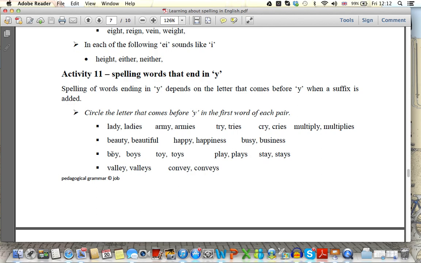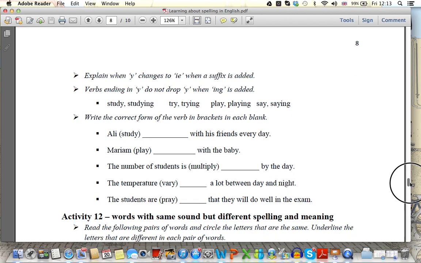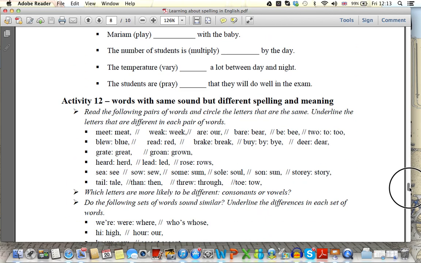If we jump down here to the third row where we have boy, because there is a vowel in front of the Y, it does not change to IE. It remains Y and we get boys, toy, toys. And the same is true for the verbs, as we have in cry, cries, and play, plays. And here are lots of activities for you to complete.